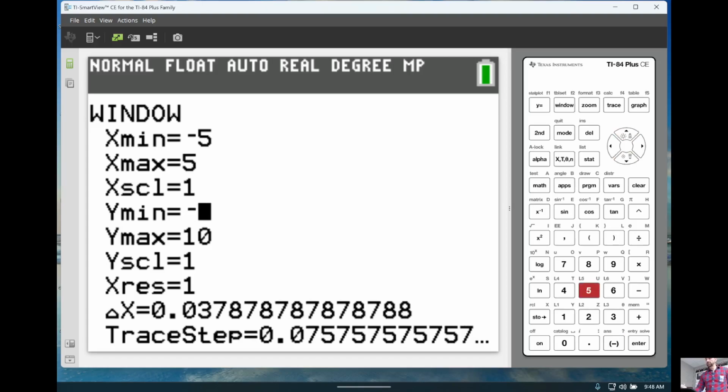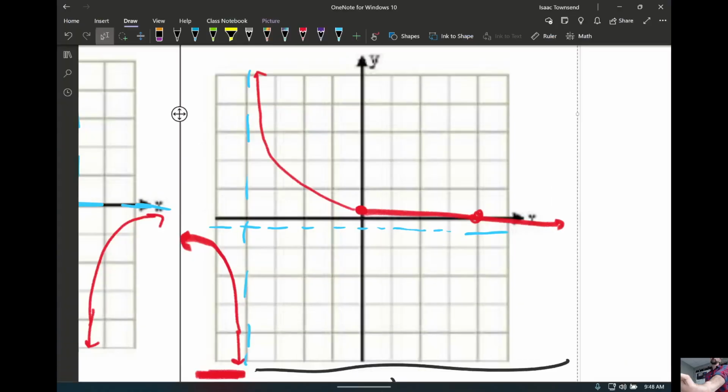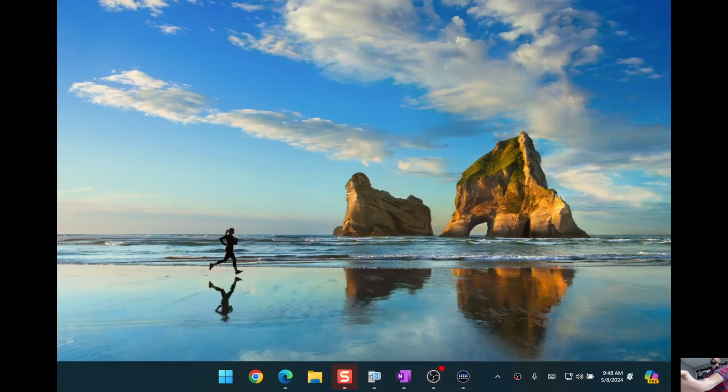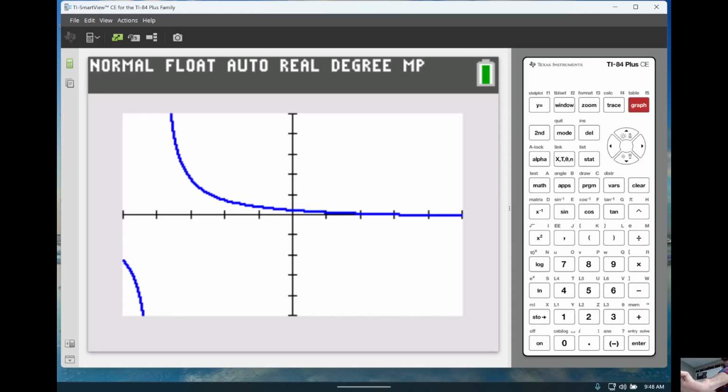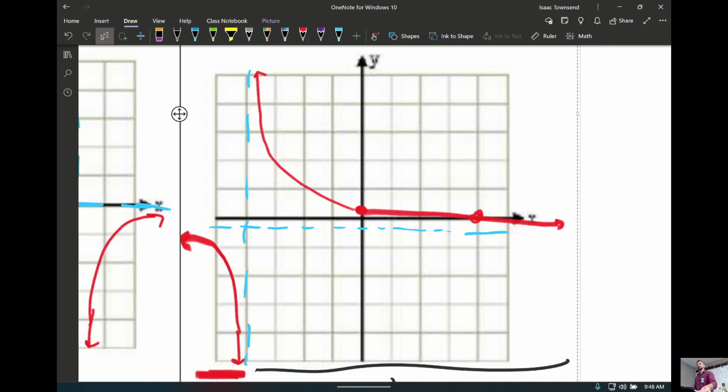So if you change the window settings, it should make the graph look even closer to what we've got. The actual graph compared to my graph is not going to be 100% perfect because I'm not graphing hundreds, if not thousands, of points like the calculator is, but it's pretty good considering how much time we spent on it.